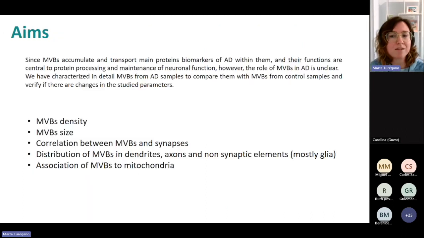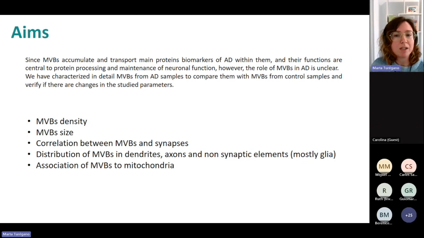So for that reason, we think it's a good point of view to characterize in detail the multivesicular bodies that we could find in Alzheimer's disease samples and compare all these parameters with the multivesicular bodies that we have in control samples.